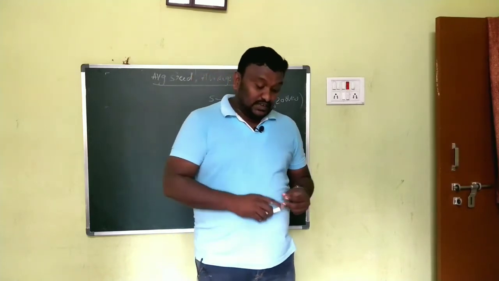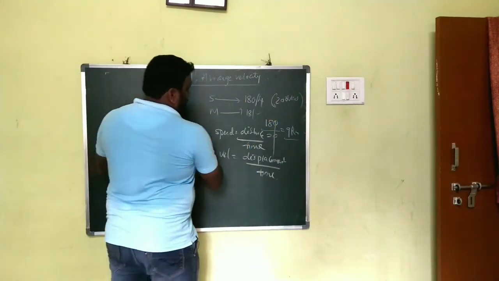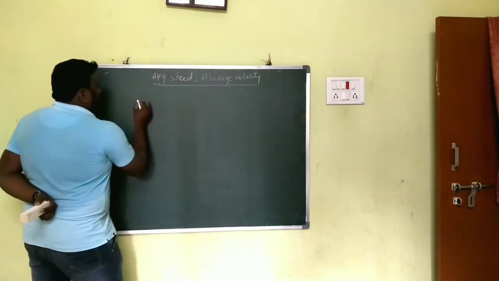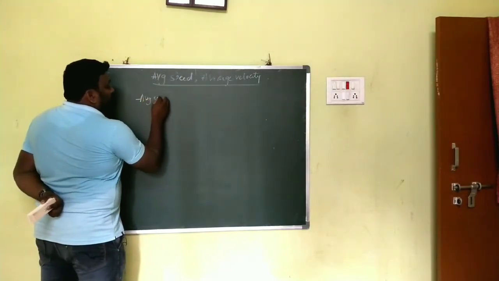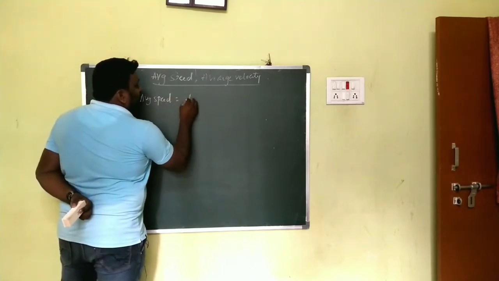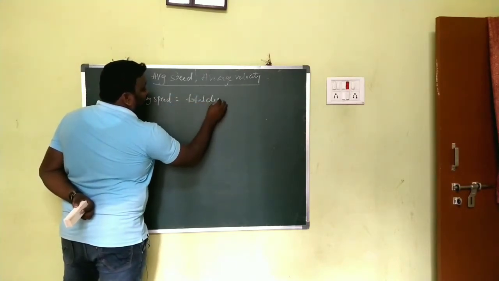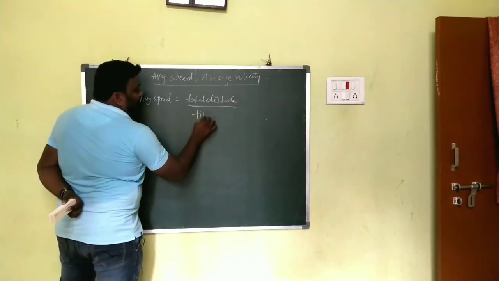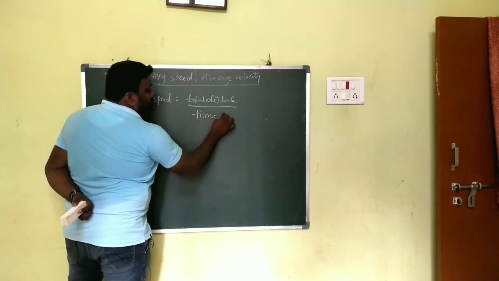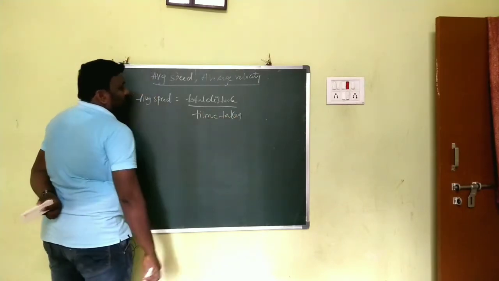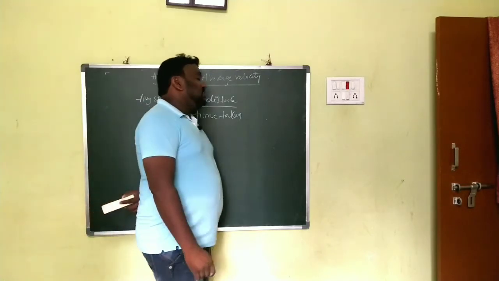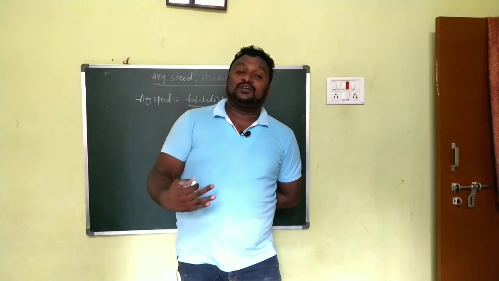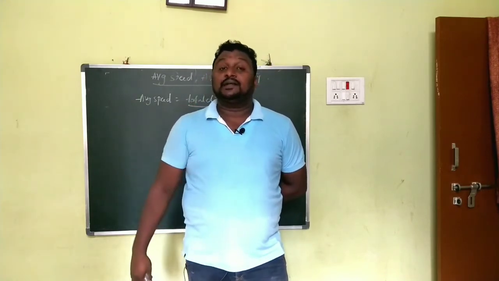So average speed can be written as total distance covered by total time taken.